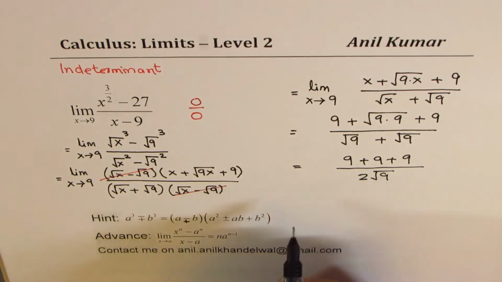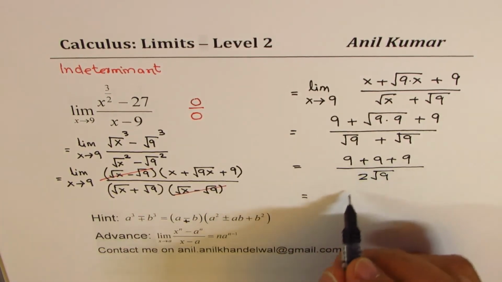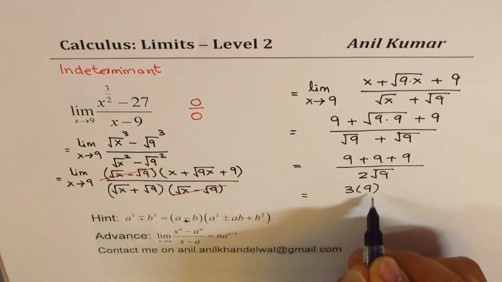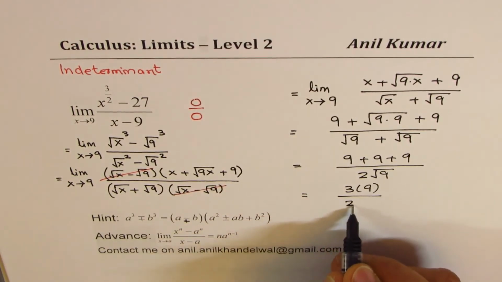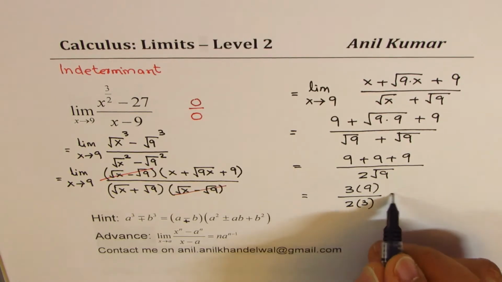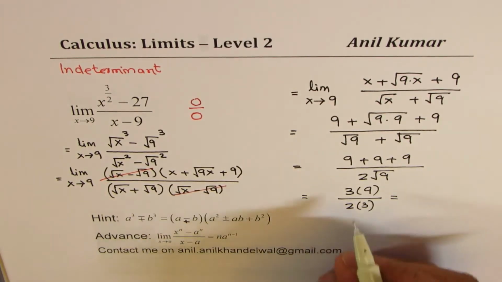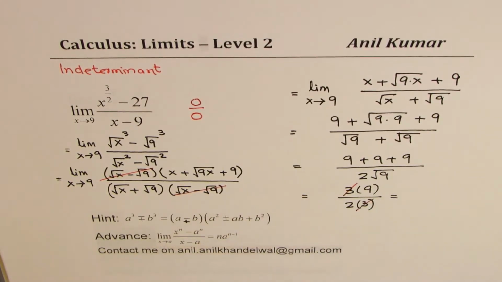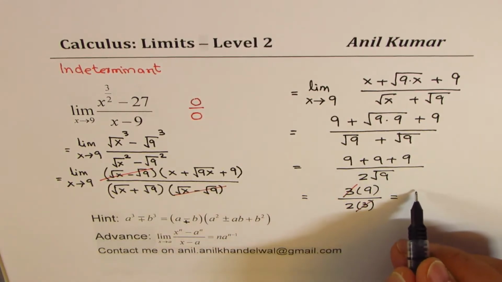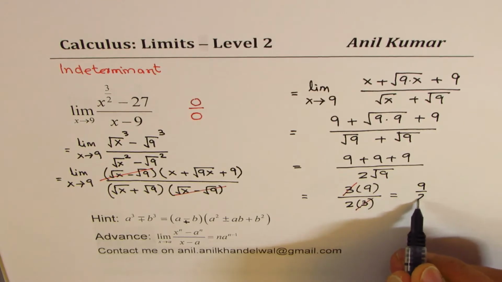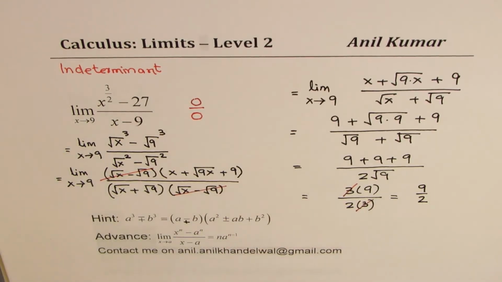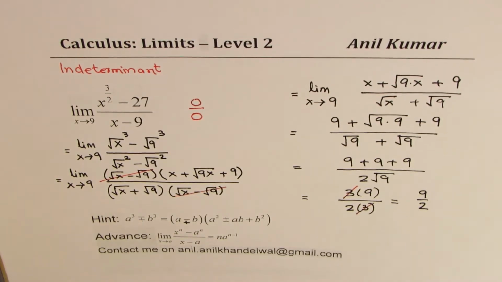Square root of 9 is 3. So we could write this as 3 times 9 and the denominator as 2 times 3. So now we can cancel 3 and 3, right? All these exercises should be done without a calculator, and you get your answer, which is 9 over 2. So the limit of this function as x approaches 9 is 9 over 2, right?